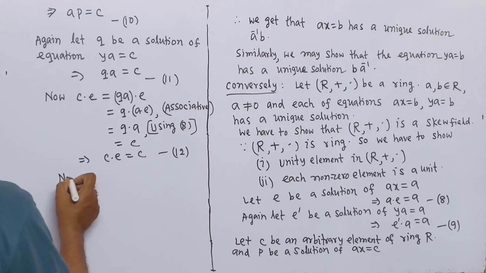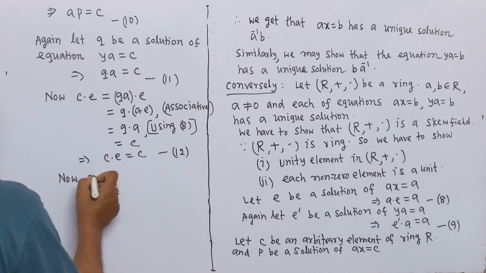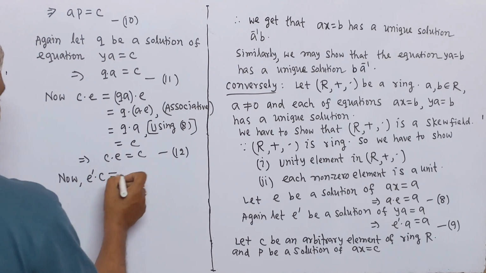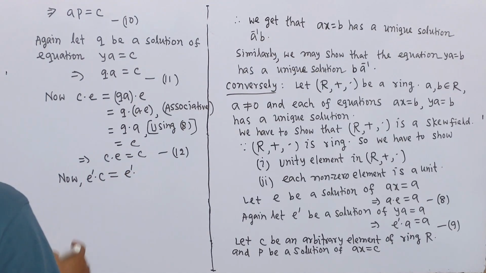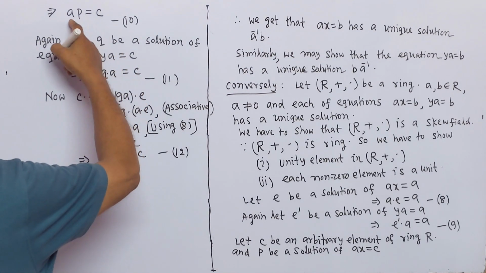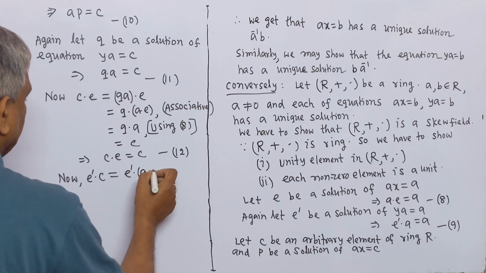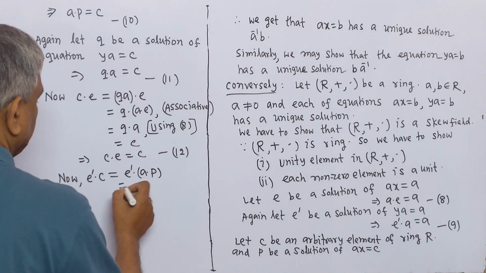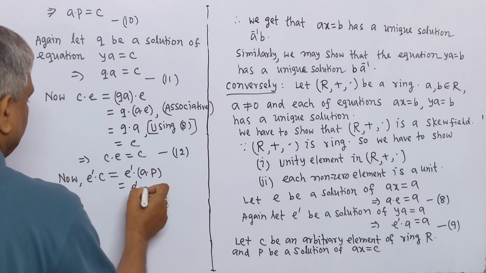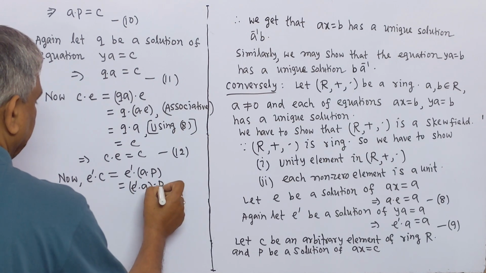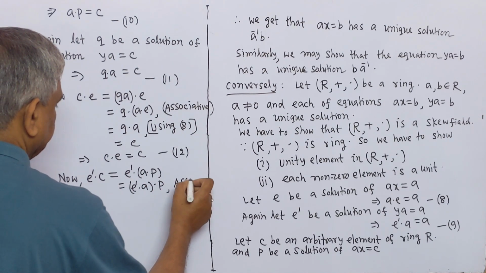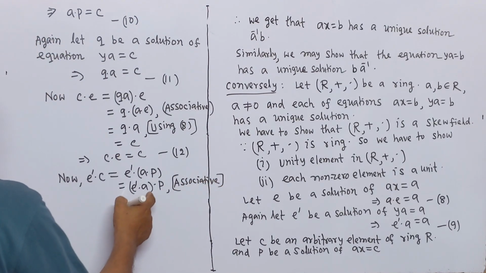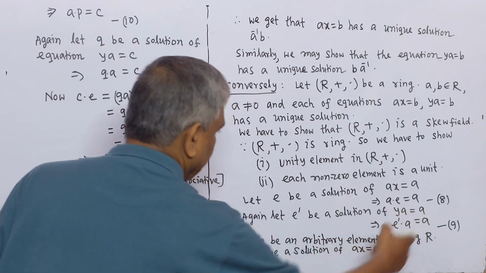Now E prime multiply C equal to E prime multiply AP, A multiply P, and this equal to E prime multiply A multiply P, associative, and E prime multiply A equal to A using 9.